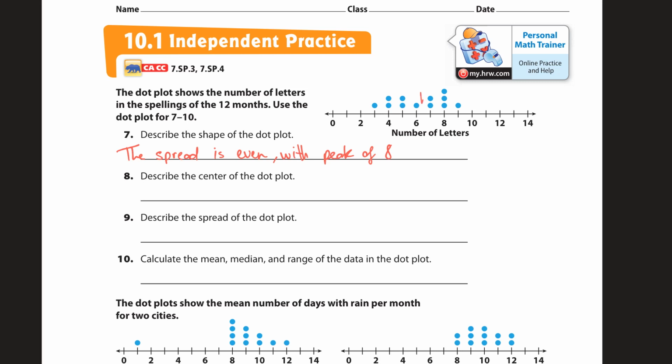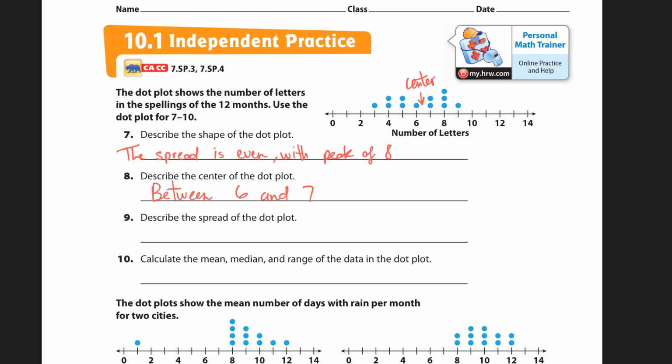There's how many dots here? 1, 2, 3, 4, 5, 6. And here there's 1, 2, 3, 4, 5, 6. So the center is right here, between 6 and 7.